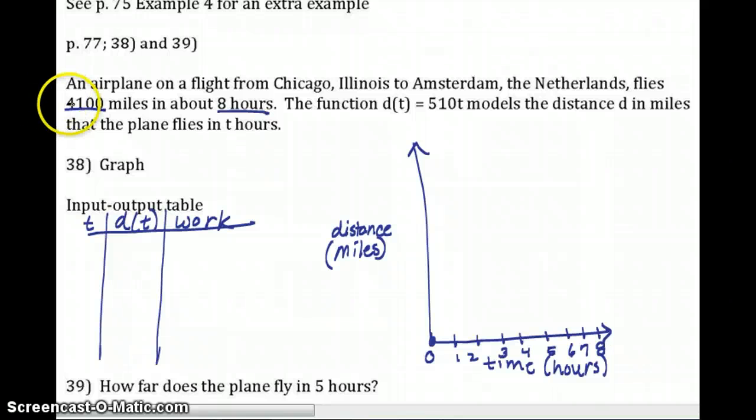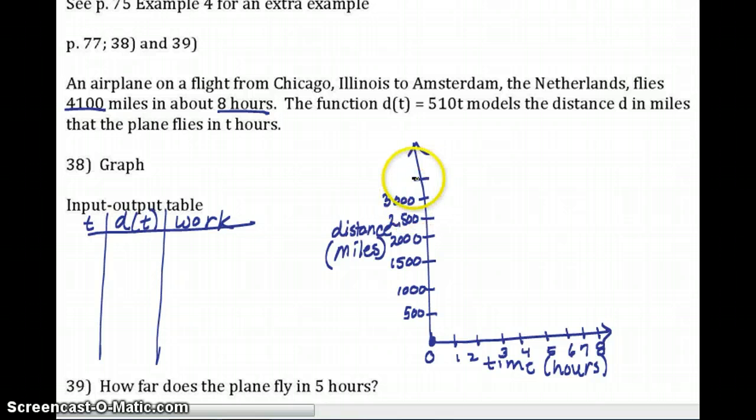Now our distances are going to go up quite quickly. We know that we need to be at 4,100, so we're going to go by 500s, so that'll be 500, 1,000, 1,500, 2,000, 2,500, 3,000, 3,500.